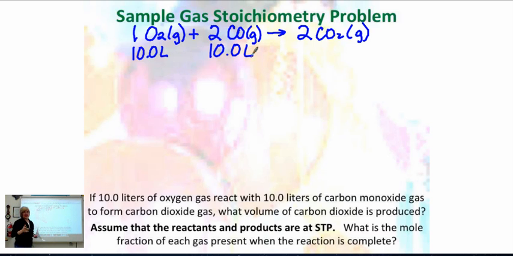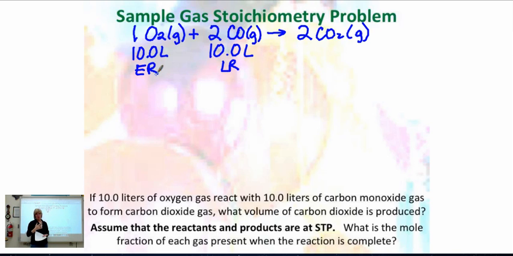I can look at this right now and see that carbon monoxide is my limiting reactant. Why? Because I need twice as much carbon monoxide as I need of oxygen, but I have the same amount. So my oxygen is going to be in excess, and my carbon monoxide will be the limiting reactant.